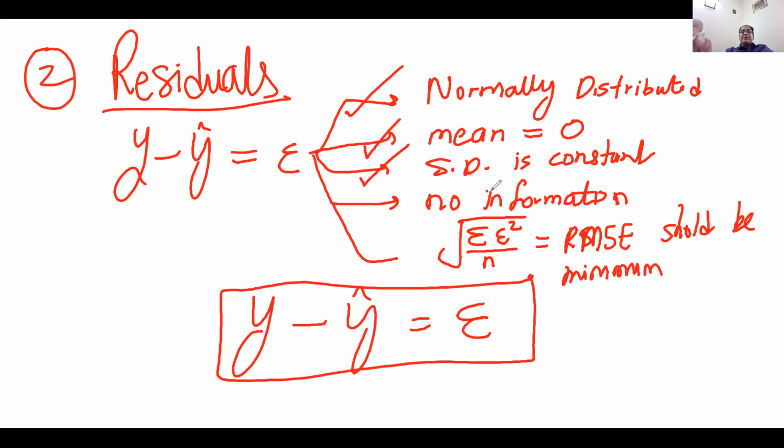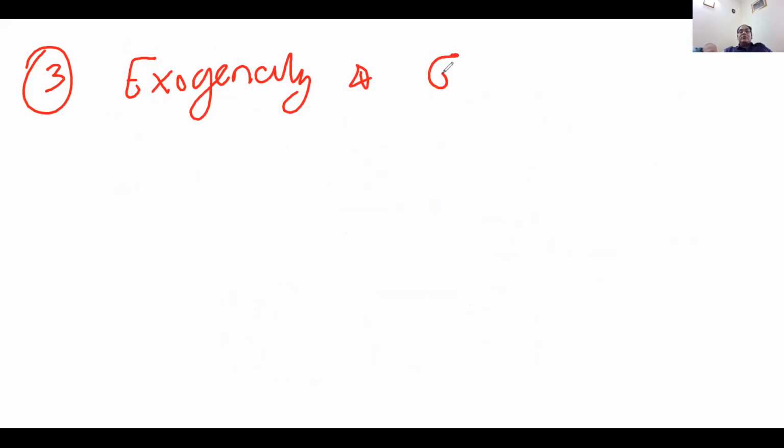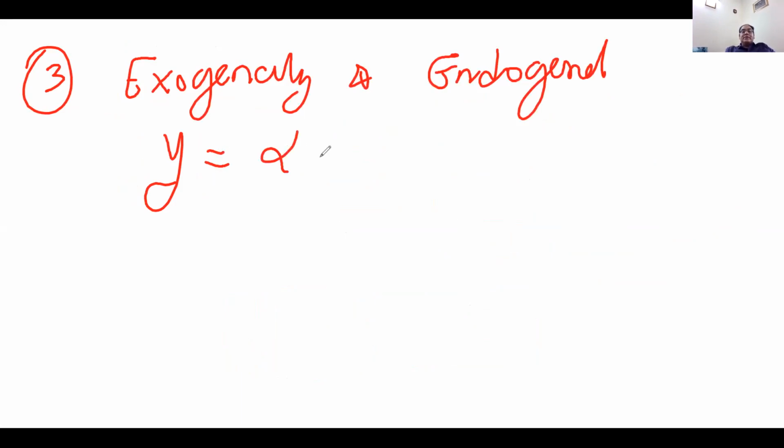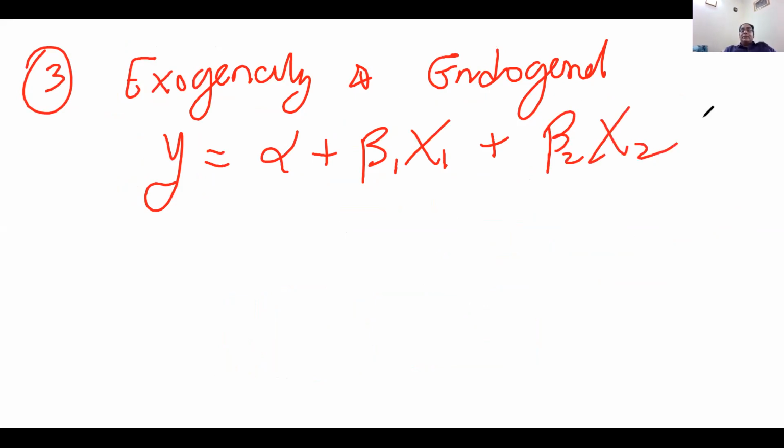The third assumption which I am going to discuss today is exogeneity and endogeneity. Now, if I write the regression model like this, alpha plus beta 1 into x1 plus beta 2 into x2 plus error term, there are two conditions.